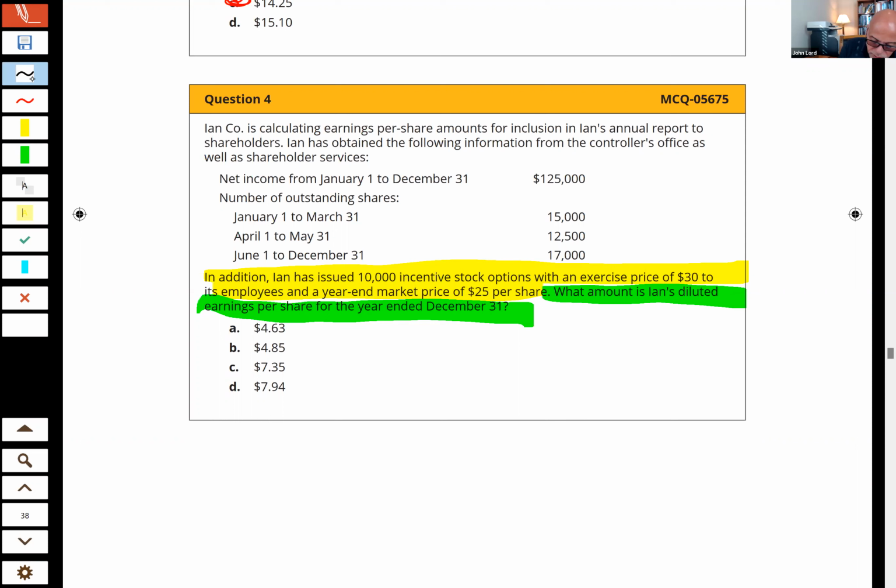So that means that we have to take that 125,000 and then this becomes a weighted average shares calculation, a very easy one, by the way, which is what? The 15,000 times what? The reason I say it's easy is there's no stock splits or anything that we have to deal with. Then what?